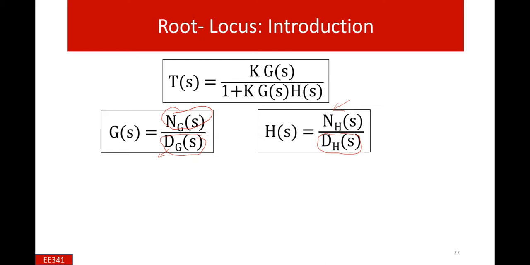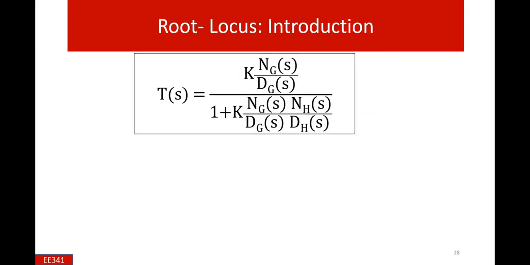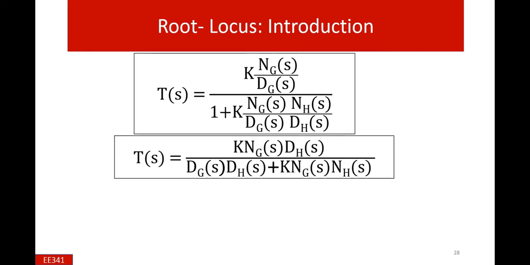If we substitute these terms in the closed loop transfer function of the system, then we have the closed loop transfer function in terms of these parameters, like this one. And if we simplify this relation, then we have terms like this one.